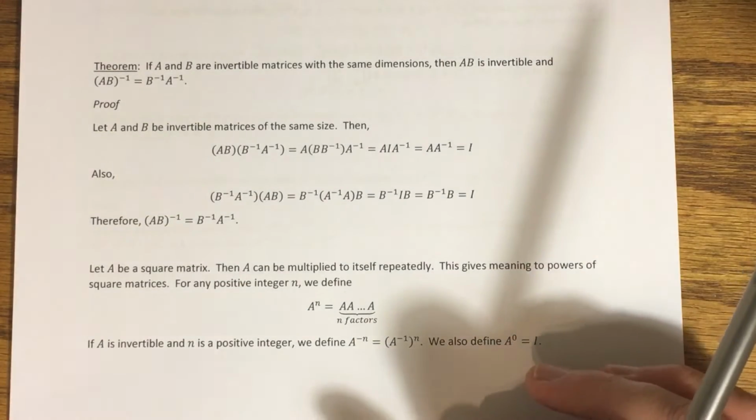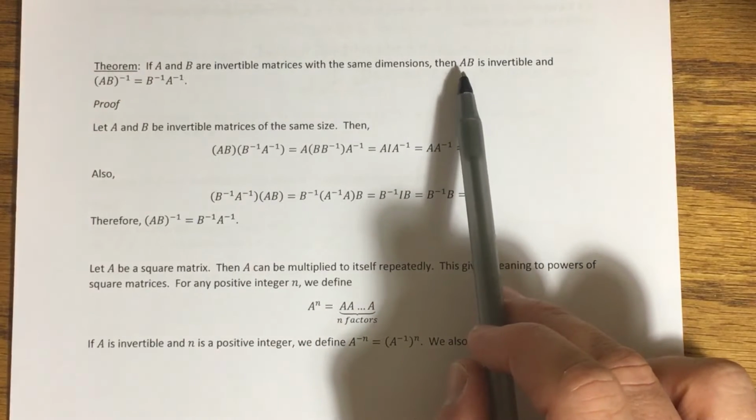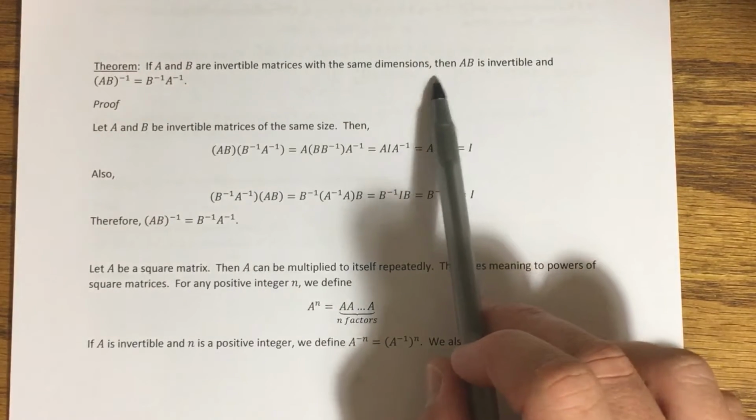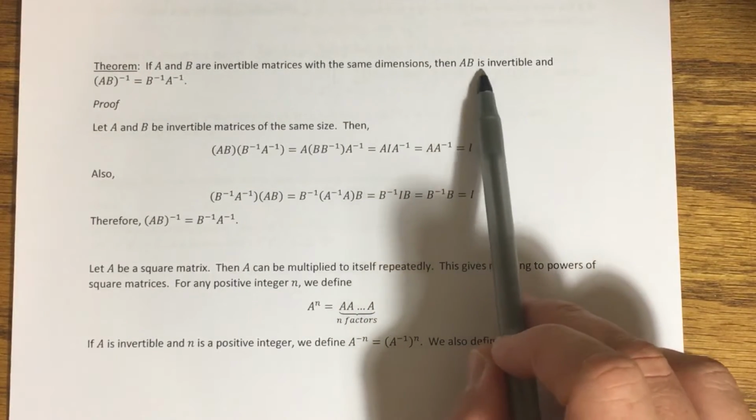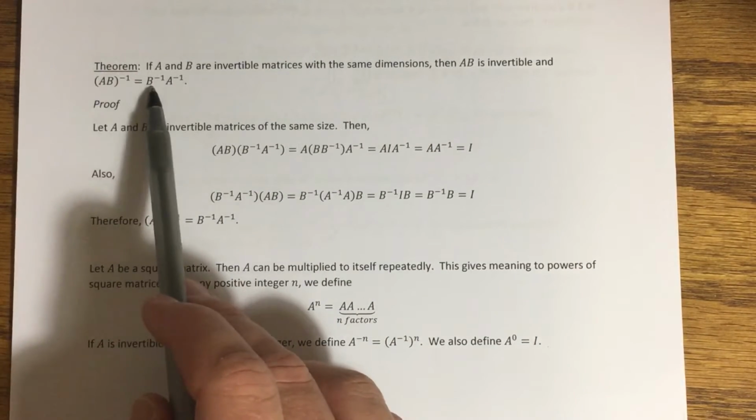So this theorem states that if A and B are both invertible matrices, and if they have the same dimensions, so they're both n by n, whatever that is, then the product of A times B is invertible, and in fact we have a way of directly finding that inverse.